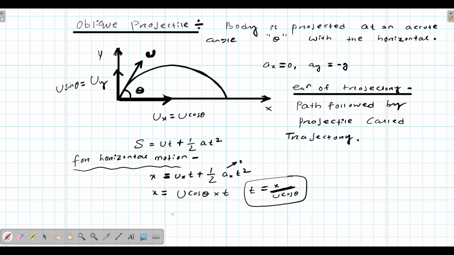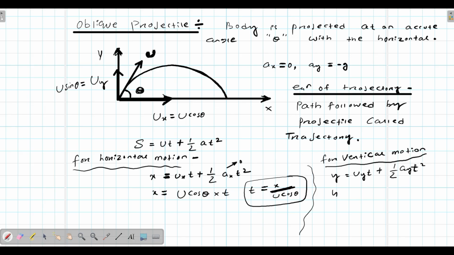For vertical motion, y equals uy t plus half ay t square. uy is u sin theta into t plus half, ay equals minus g, into t square.